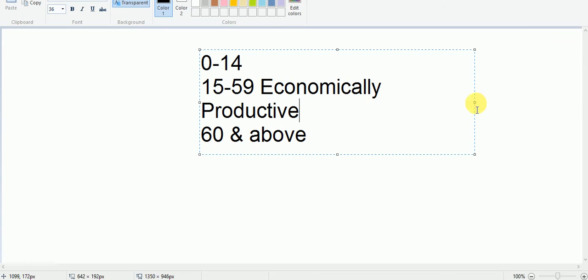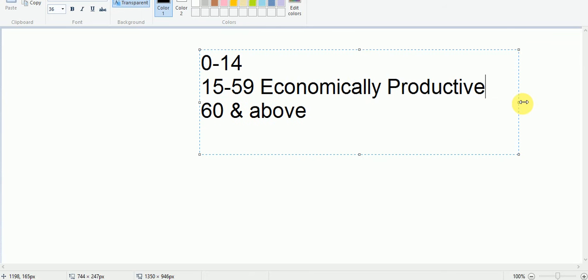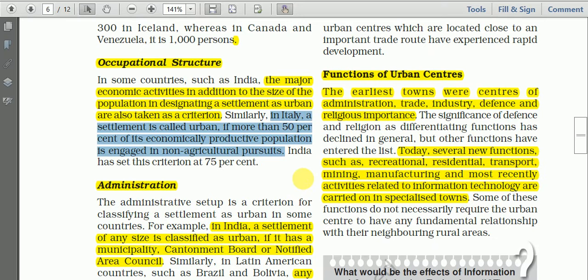The economically productive population, 15 to 59, they are the workers. So in Italy, when they calculate the percentage of people engaged in non-agricultural pursuits, they take into account only this economically productive population, not the total population.